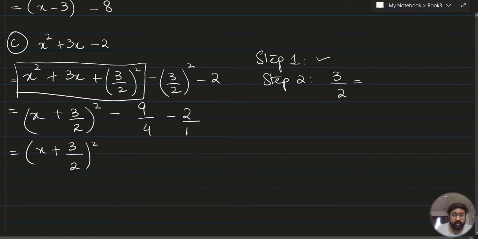For adding or subtracting two fractions, you need to make the denominator the same. Making the denominator the same, minus 9 and minus 8 are going to give you minus 17 over 4.